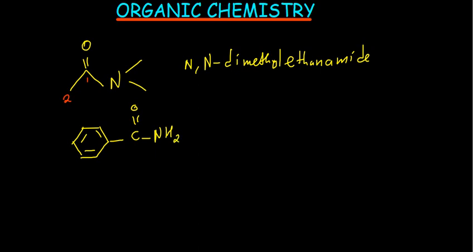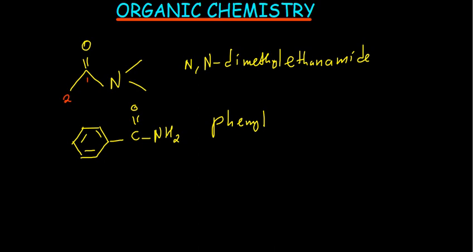Okay, how do we get to name this one? This group which is here is an amide group. What of this one? Whenever we've got a 6-membered ring with alternating double bonds, that is a benzene ring. But whenever a benzene ring is acting as a group, we call it a phenyl. So this is a phenyl because it's a group. The main chain is going to be this one.